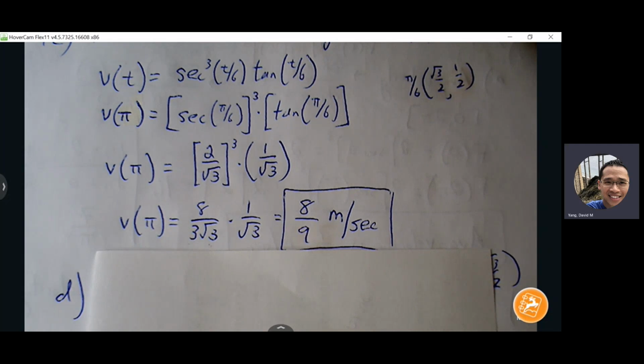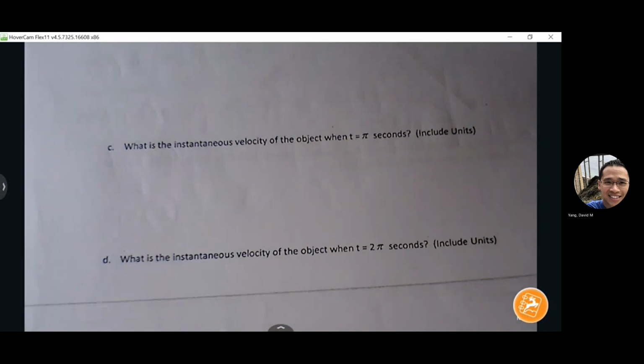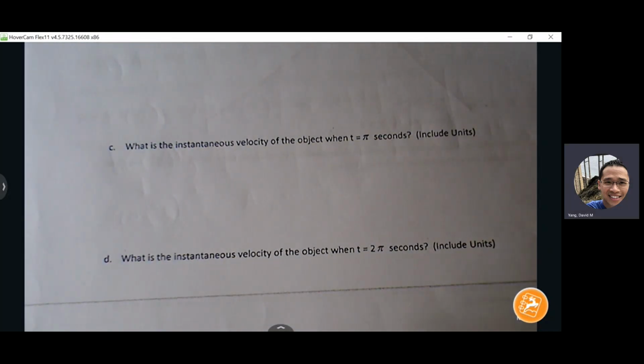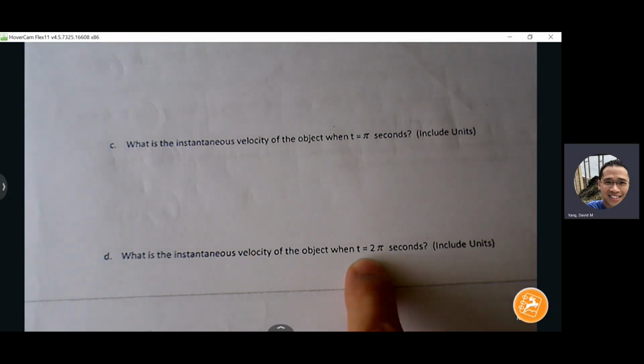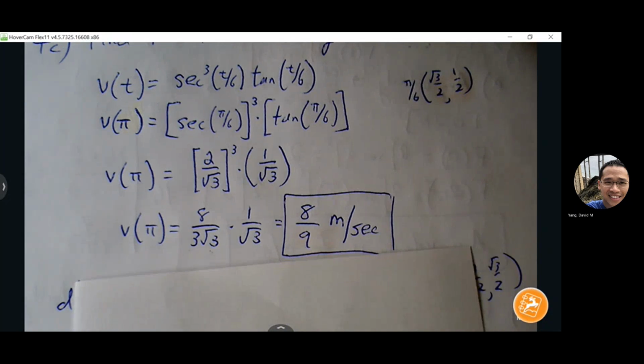Okay, part D should feel pretty much the same as C. What is instantaneous velocity when t equals 2 pi? So what do we do here? Yeah, 2 pi into the velocity function. So same steps as C, it's just a different t value to plug in, right?